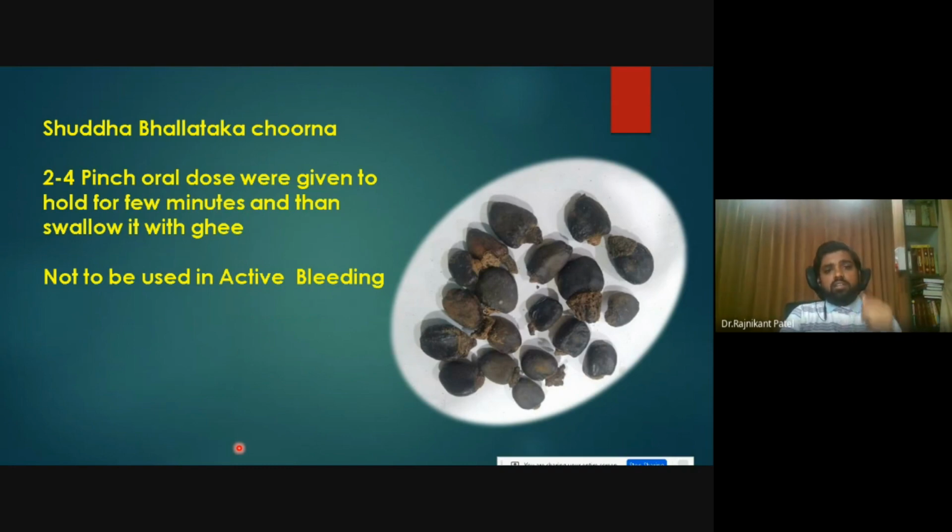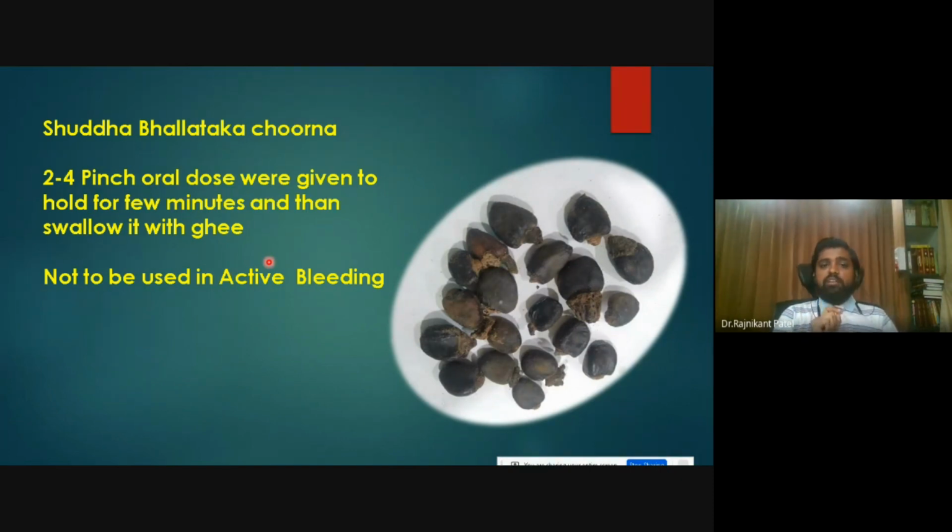Okay, so Shuddha Bhallataka. These are the fruit of Semecarpus anacardium. This is also Rasayana and Vajikarana, and best to be used in this condition. In this case, 2 to 4 pinches of oral dose were given, to be held for a few minutes and then swallowed with ghee.